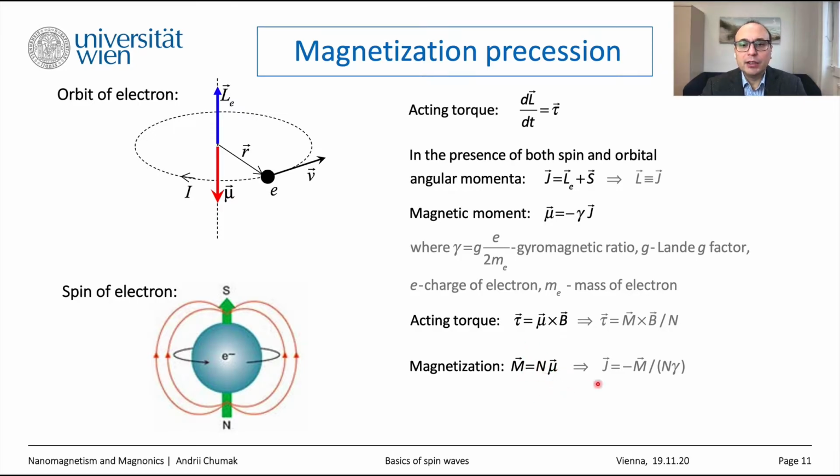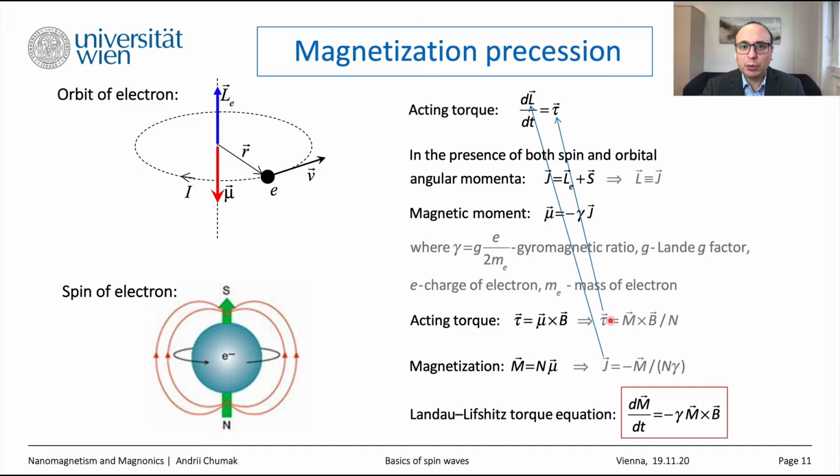Then you just do some mathematical routine, you rewrite all this, and you plug this torque into the equation which you got, and instead of the angular momentum, you put J in terms of magnetization.